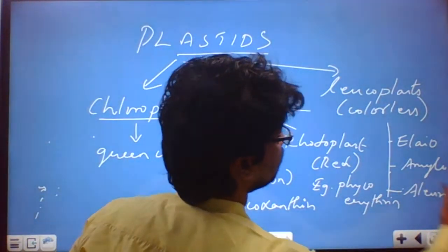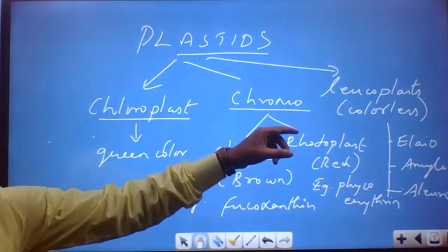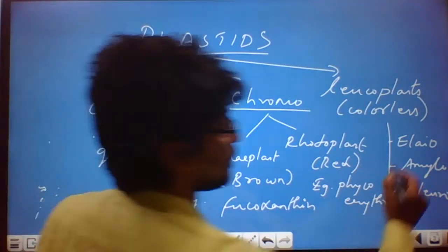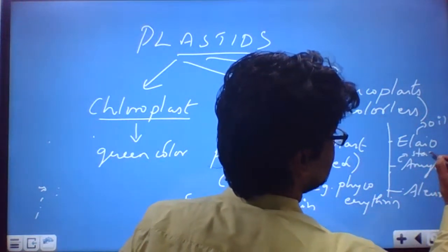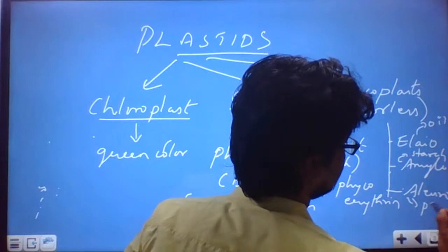These are the three types of leucoplast. Elaioplast is for oil, amyloplast is for starch, and alleroplast is for the protein.